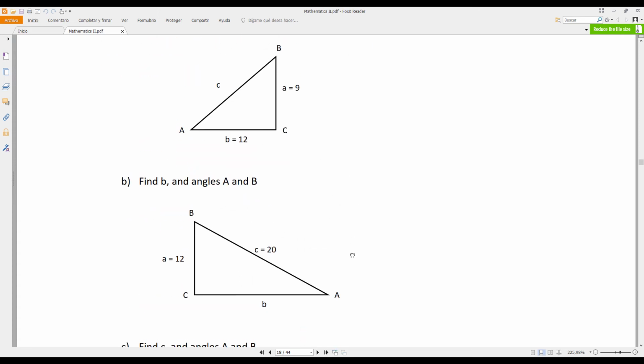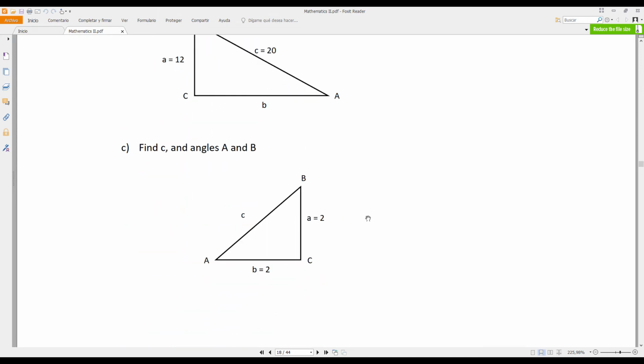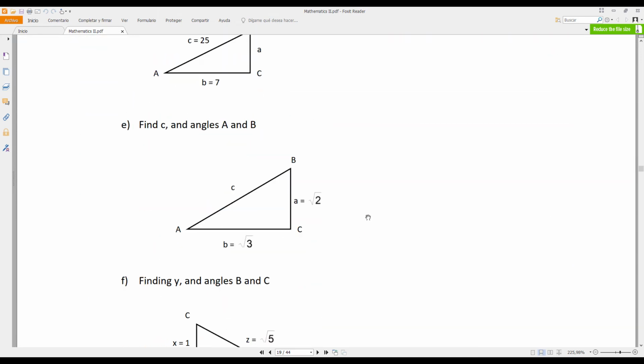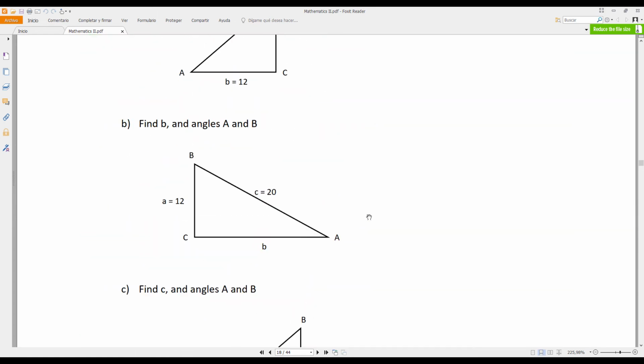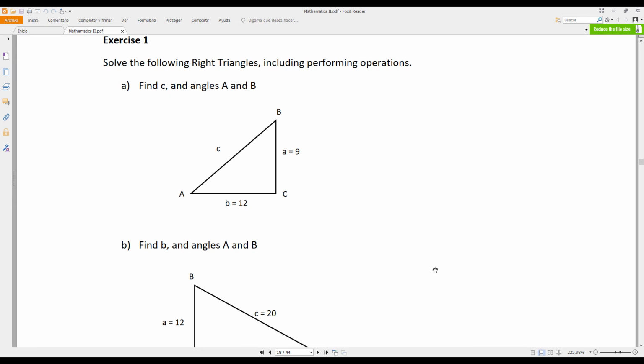Exercise number 1 has six triangles. How will you do it?